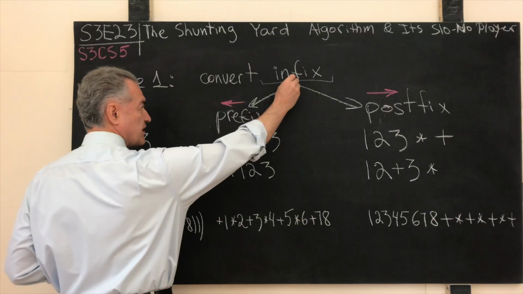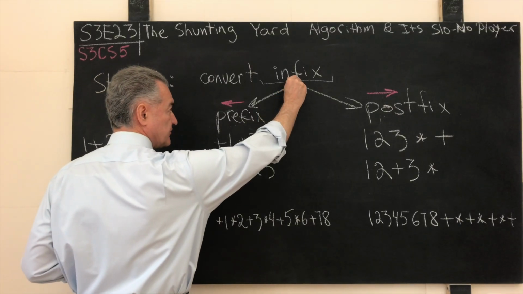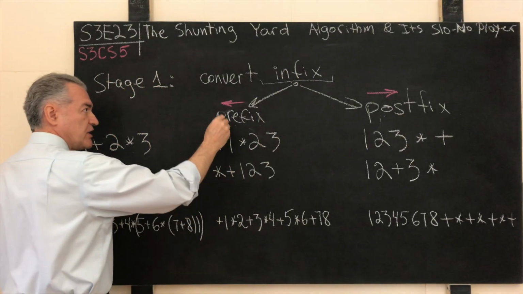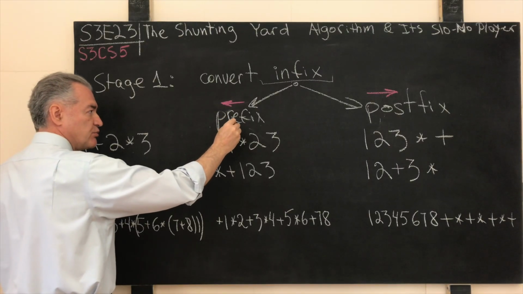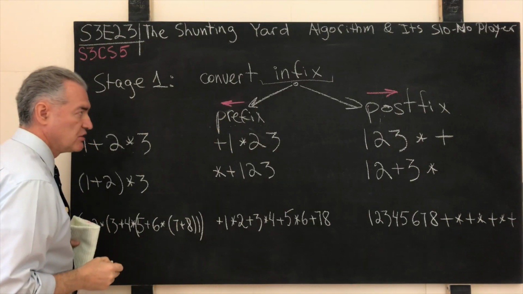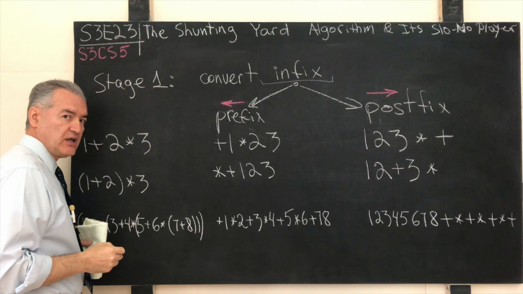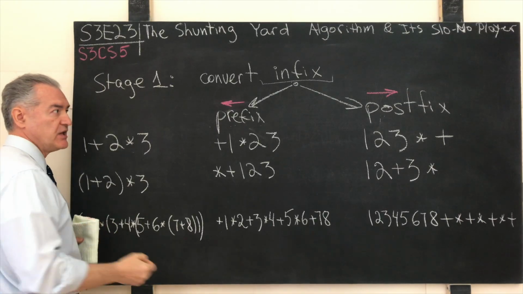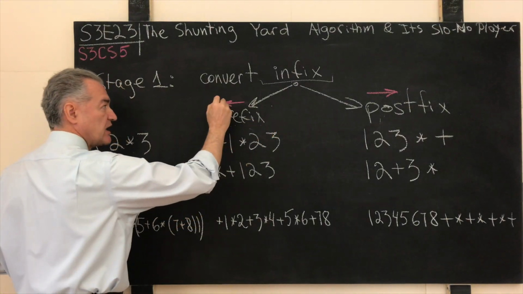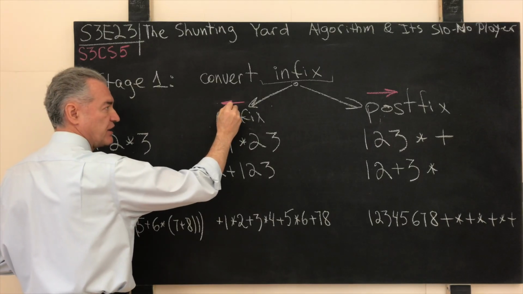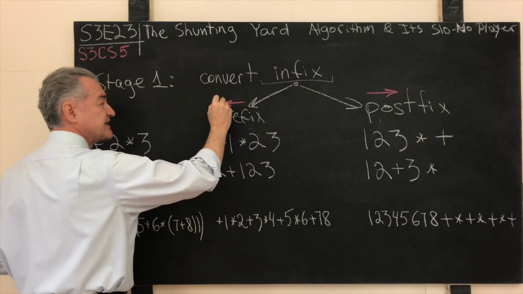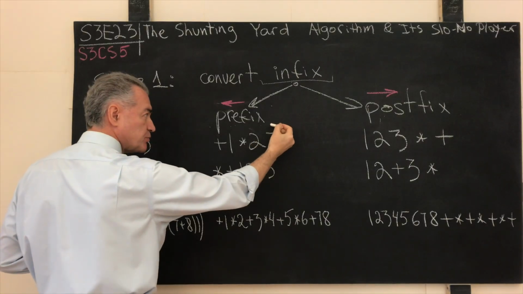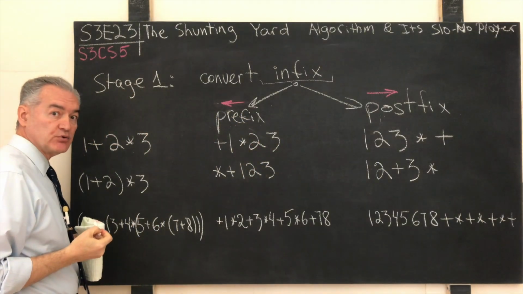During the conversion process of the material given in the infix form, when we compile this expression into the prefix form, then we read from the input and we write to the output in the right to left fashion, as shown with this arrow, right to left, starting with the rightmost position of the input.